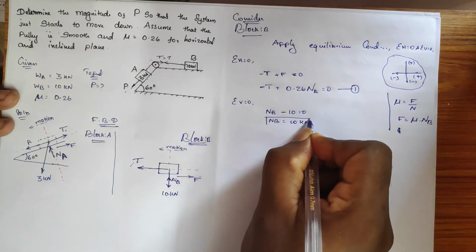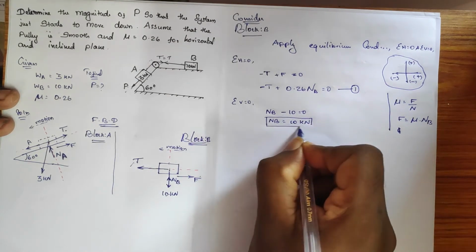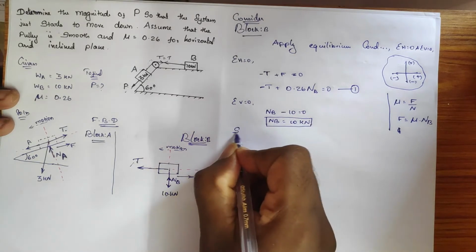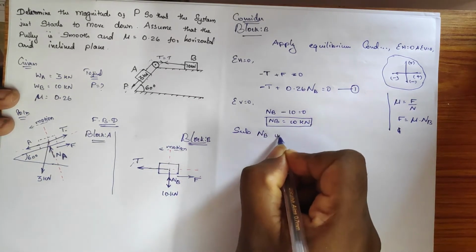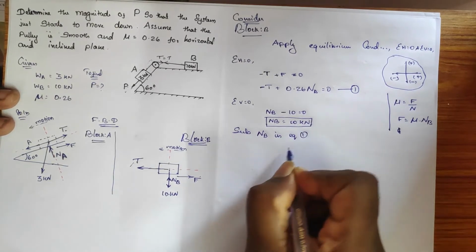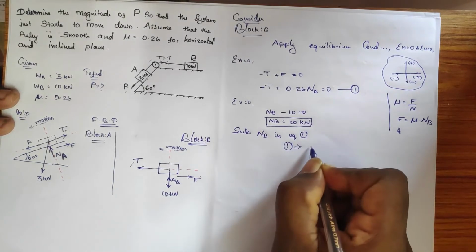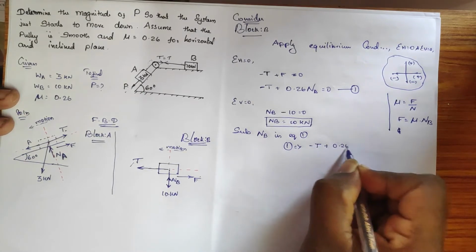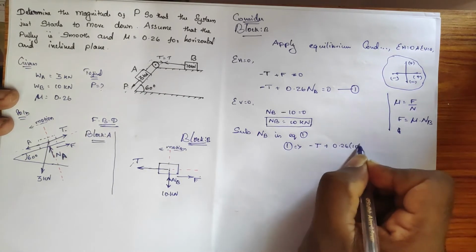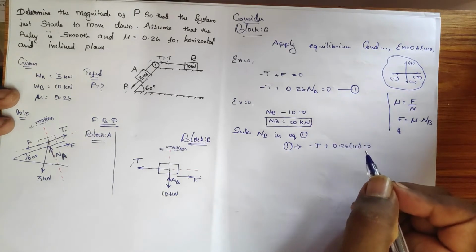Now, if you substitute this value of N_B in equation number 1, equation number 1 will be minus T plus 0.26 into 10, which is equal to 0.